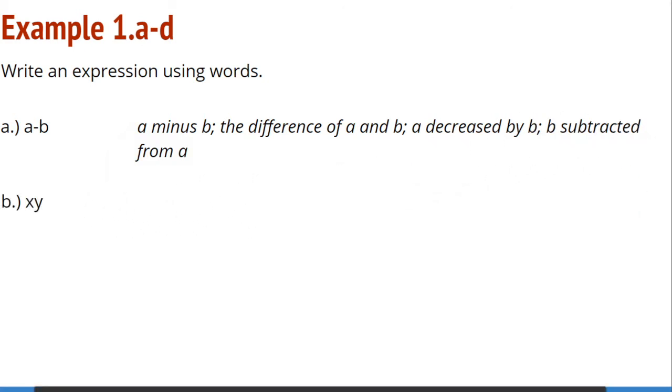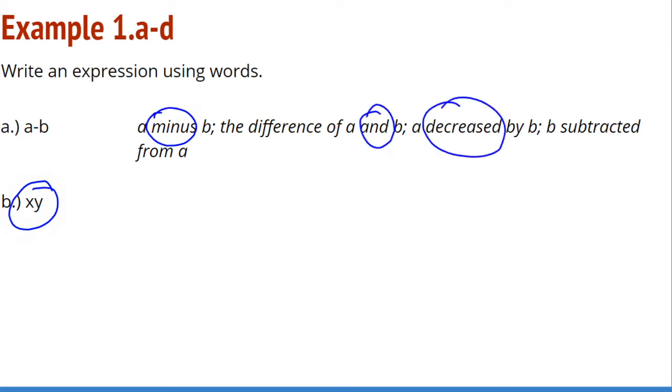All right, here we have xy. Now when I have two variables written right next to each other, pause and think about what that means for a minute. Hopefully you said, I know what that means. That means I'm supposed to multiply. Excellent. So what are some ways that you could write this multiplication problem using words for operations?